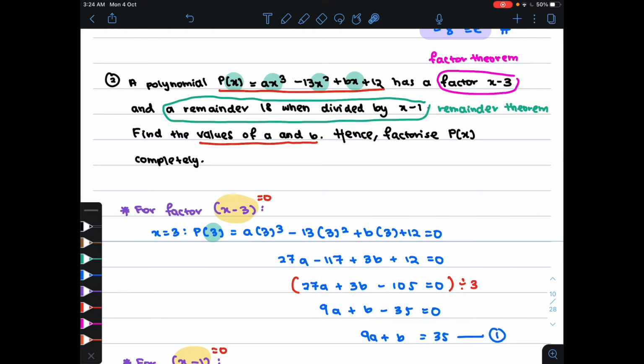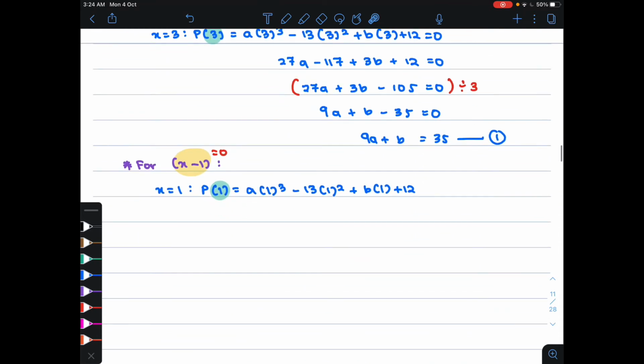And note that when p(x) is divided by x minus 1, it gives you remainder 18. So this is equal to 18. And we will get a plus b equal to 19. So that is our second equation.